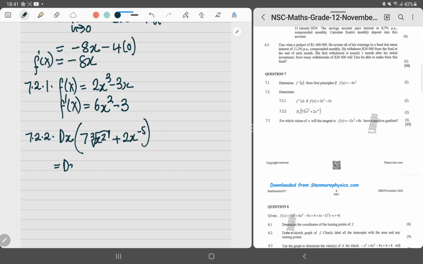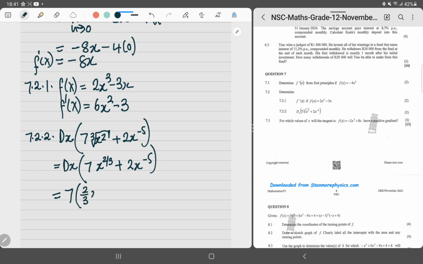So let's just fix this. So this is going to be x to the 2 over 3 plus 2x minus 5.